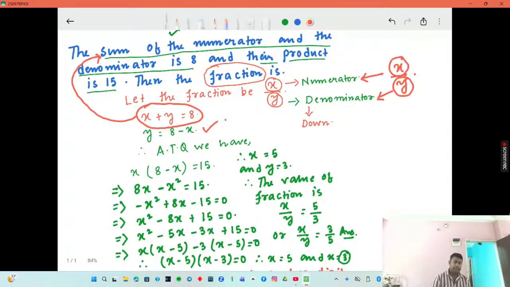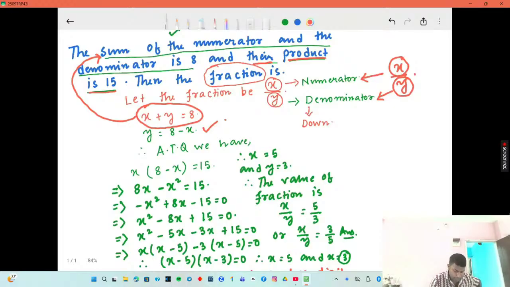Is it okay? And in the second part of this question, the condition is given as their product is 15. So we can conclude that the product of the numerator and the denominator is 15. So from here we can write x into 8 minus x is equal to 15.